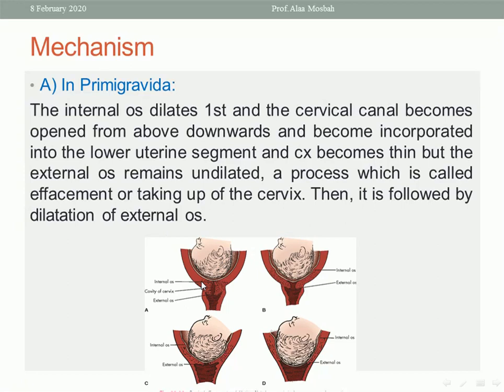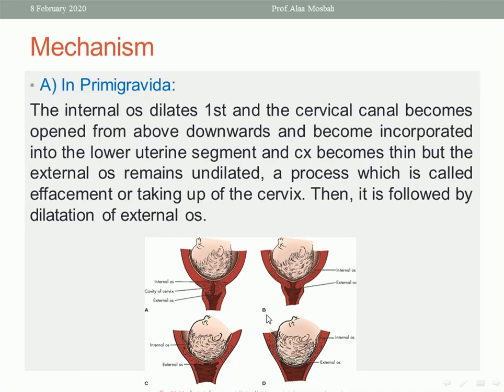So as you see in this picture, this is the cervix. This is not effaced. This is the cervix partially effaced with some dilatation of the internal os. This is the cervix fully effaced, and the internal os opened, but the external os not yet. Then the external os opened here.